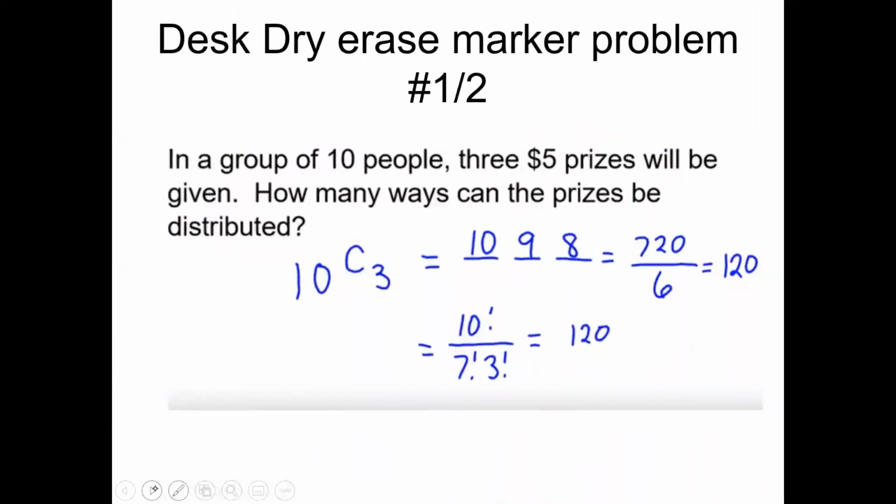All right, so let's take a look at the first problem. It says in a group of 10 people, 3 $5 prizes will be given. How many different ways can the prizes be distributed? Okay, so in this case, because it's going to be 3 people and they're all going to get $5, the order does not matter.